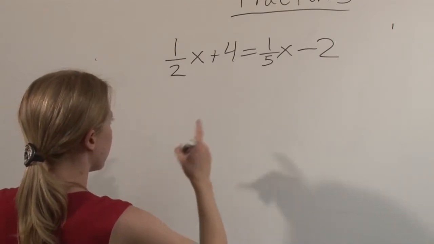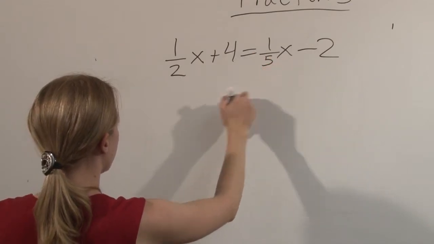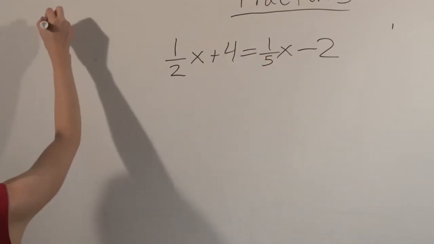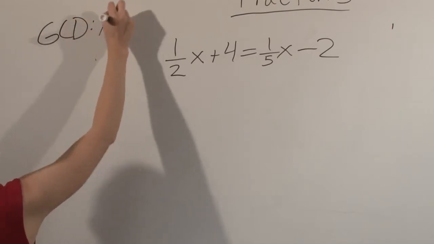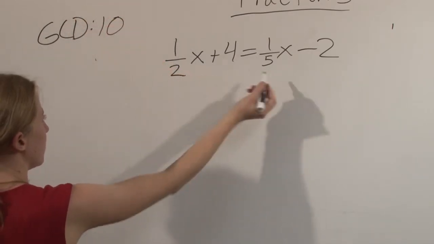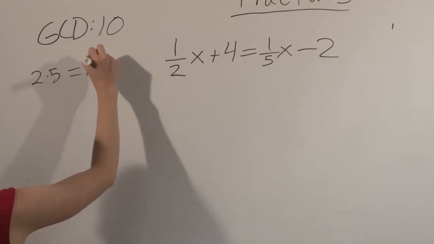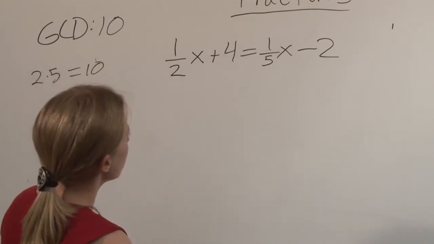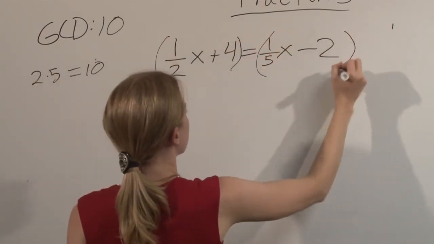So the GCD of 1/2 and 1/5 is going to be 10, 'cause 2 and 5 are both primes, so I'm just going to multiply them to find the GCD. Okay, so I'm going to multiply both sides of the equation by 10.